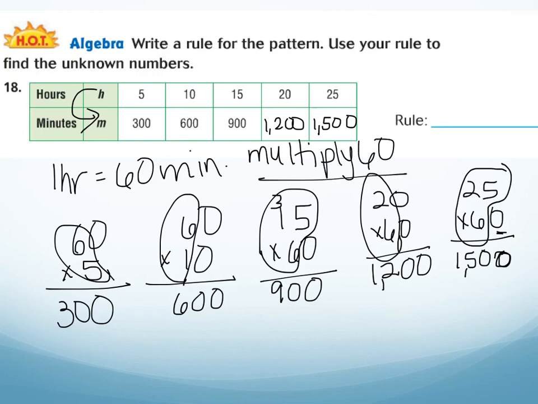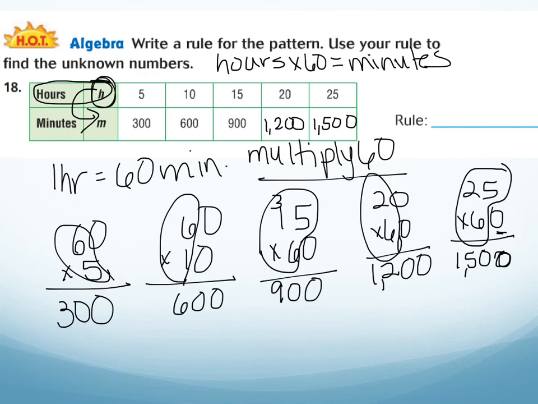To write this as a rule, I did hours times 60, and that told me the minutes. Using the variables of h and m, I can write h times 60 equals m. I can then use that rule to find the number of minutes in any number of hours.